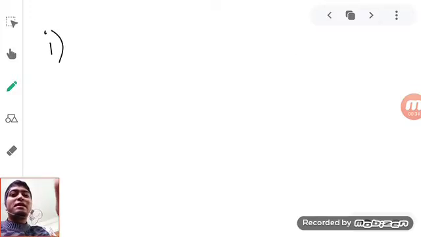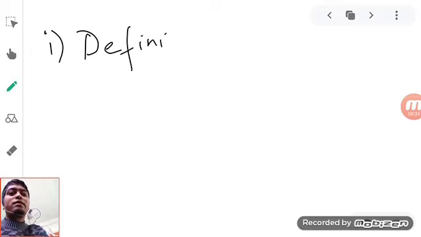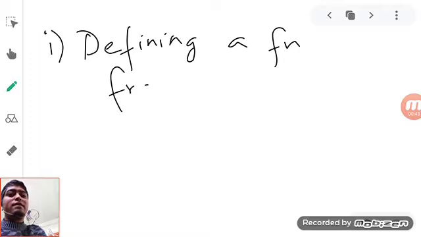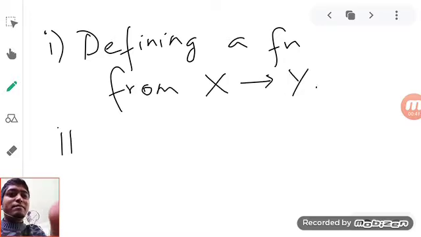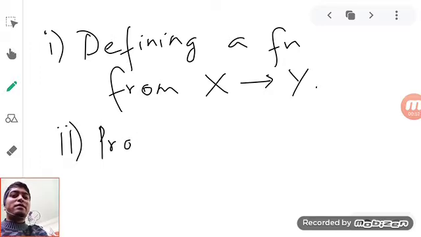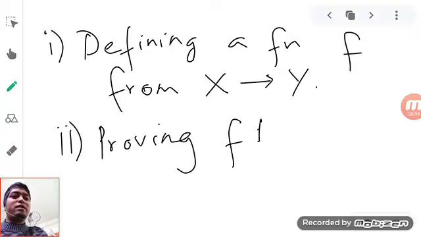The first step is defining a function from x to y. The second step that you need to do is proving this function f that you have defined to be a homomorphism.